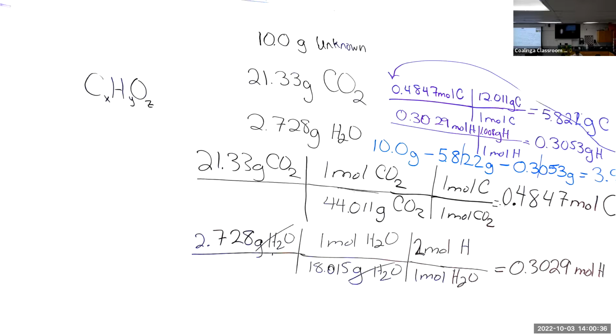So now that we have the mass of oxygen, we need to change that to what? Change it to moles. Okay, so we have 3.9 grams of oxygen divided by 15.999.